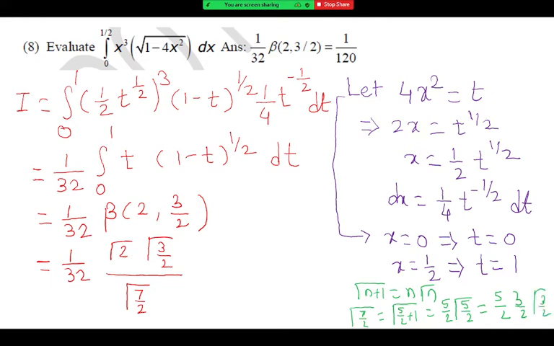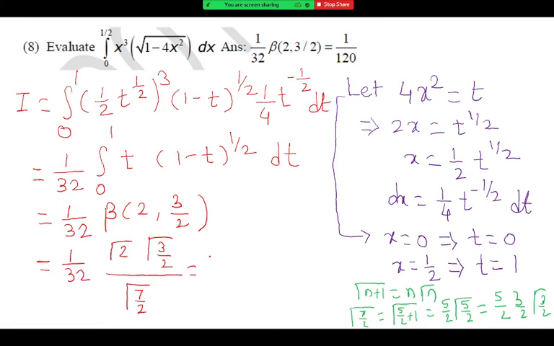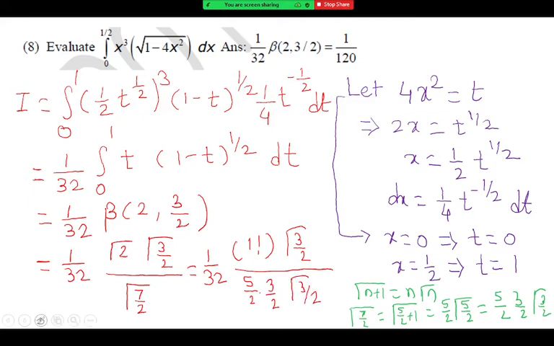So that way this integral becomes 1 by 32. Gamma 2 is 1 factorial. This is gamma 3 by 2 as it is. And this denominator becomes 5 by 2 into 3 by 2 into gamma 3 by 2. In this, gamma 3 by 2 gets cancelled.